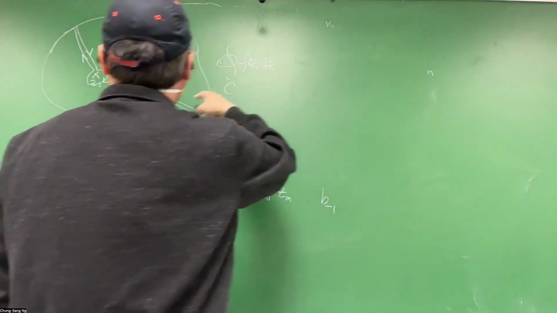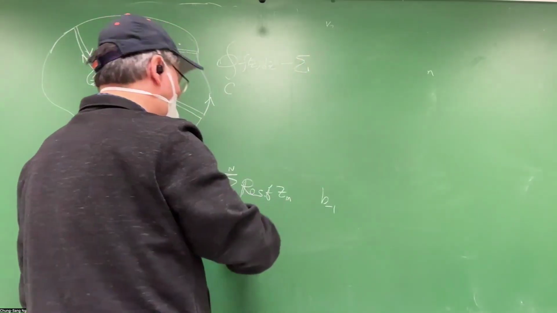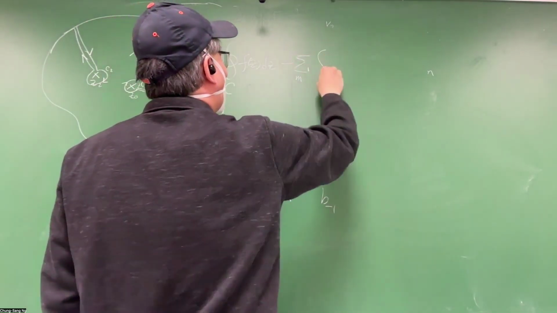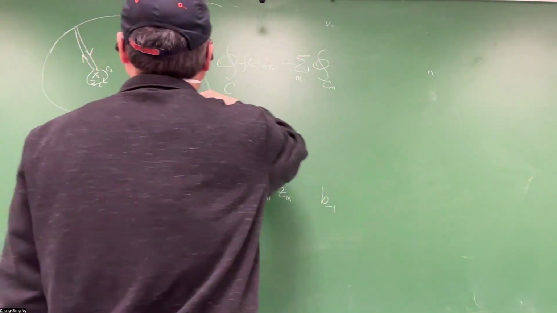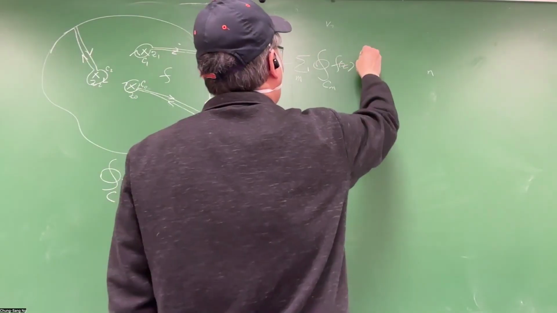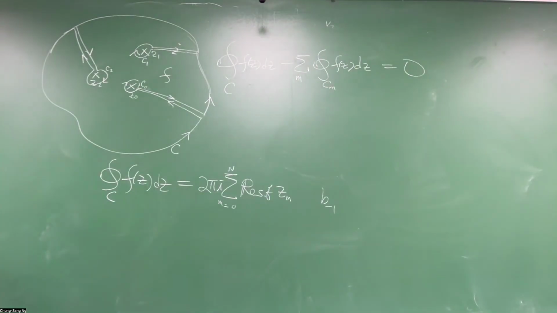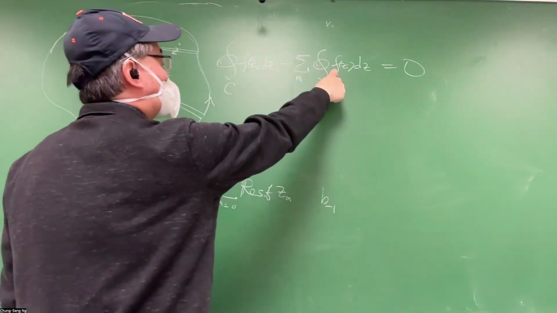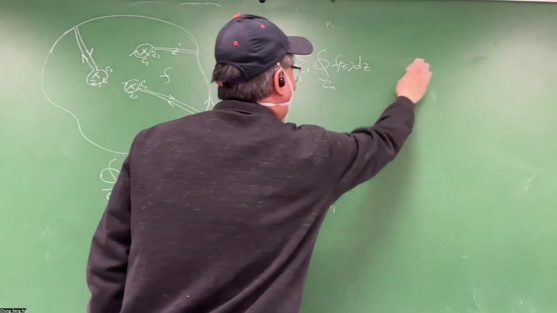They go clockwise, so with a negative sign: the integral over C minus the sum over all m of the loop integral around C sub m of the same function, obviously, equals 0. And obviously, because it's 0, you can say that the original integral just equals this sum.